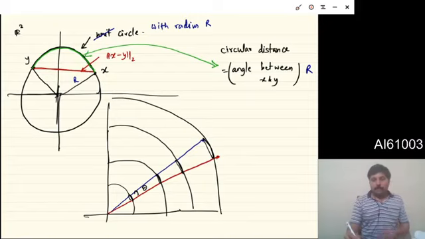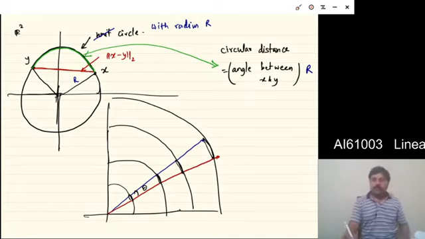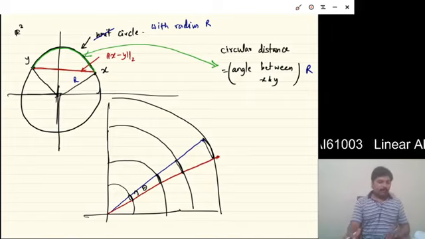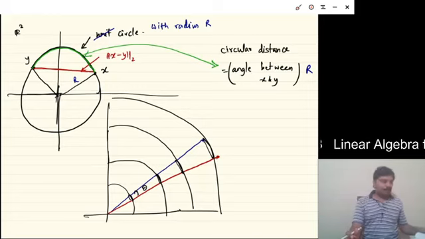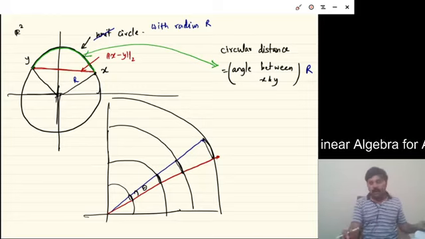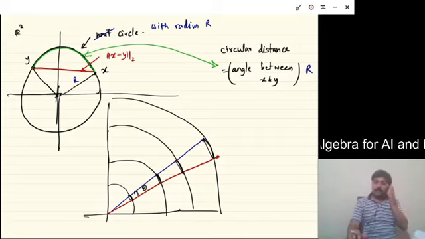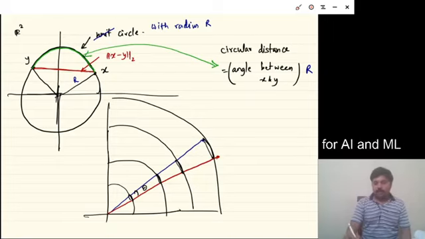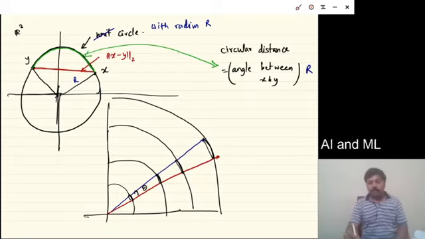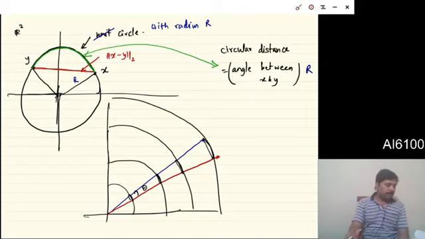I will use this concept once again when I talk of linear independence of vectors, and which vectors we will call almost linearly dependent, and based on that almost linear dependence, we will relate that concept with singular value decomposition. So this is going to be a very interesting thing to look at. Please remember this, and we will make use of the concept of angle a little later.